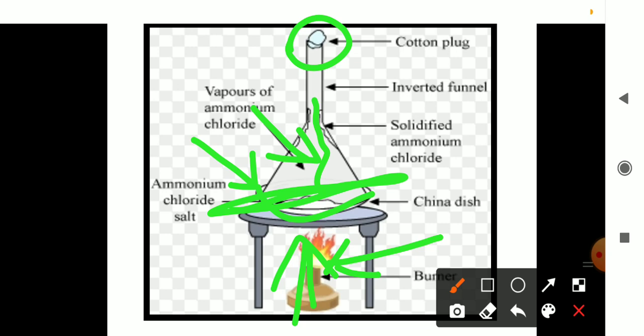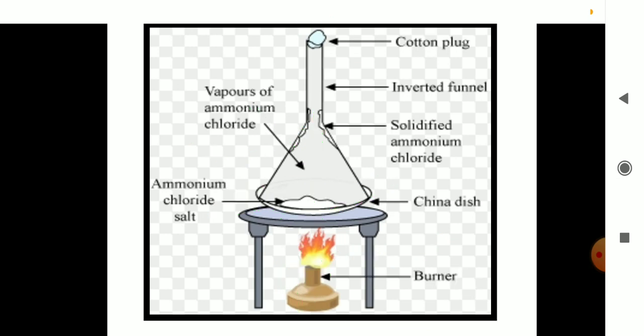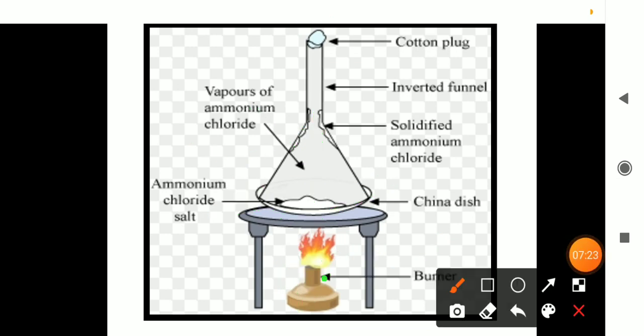So this is the pictorial representation of sublimation. What are the things we need? We need a burner, a china dish, an asbestos sheet to cover it, a funnel and a piece of cotton, and in this china dish the reaction mixture which is to be separated is taken. Is it clear?